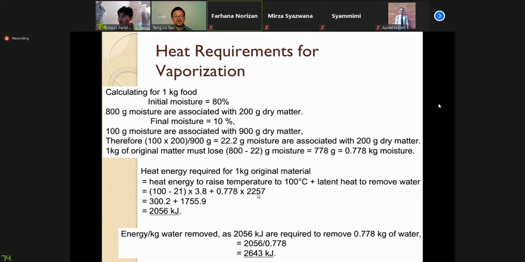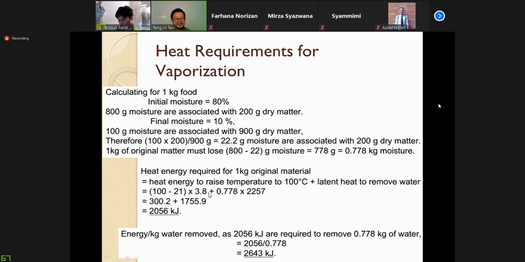So you can see the heat energy to raise the temperature to 100 degrees Celsius is not about the rate of heat transfer, it's the energy. Heat energy is the capital Q. This is the temperature difference. 3.8 is the specific heat capacity of the food.